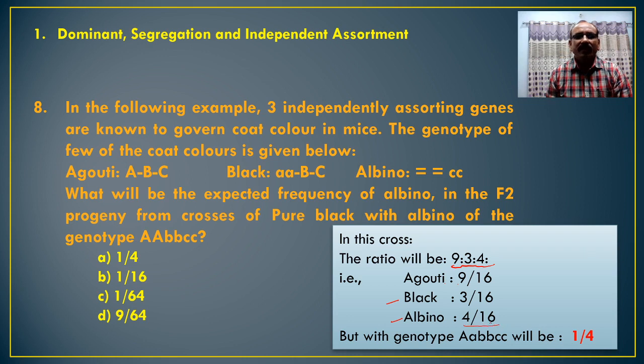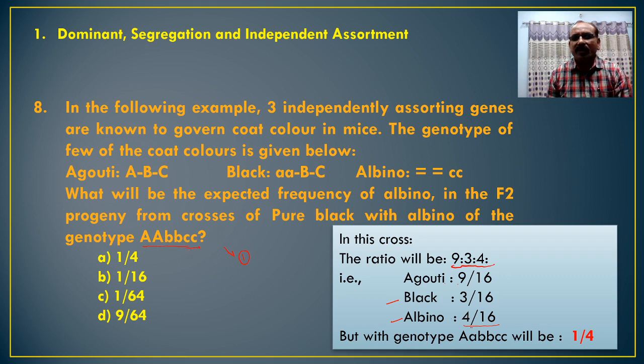But in the question we have capital A, capital A, capital B, capital A, small b and small c, and that genotype will be only one. Hence out of these 4 albino, the one albino will have the genotype capital A, small b and small c.